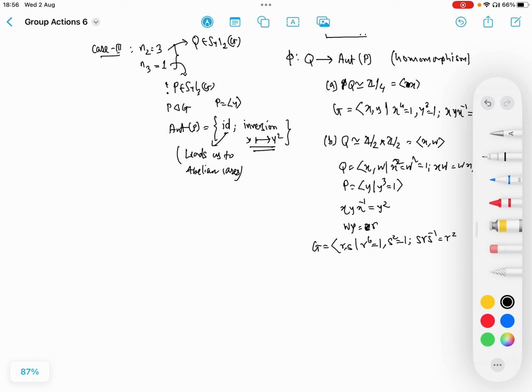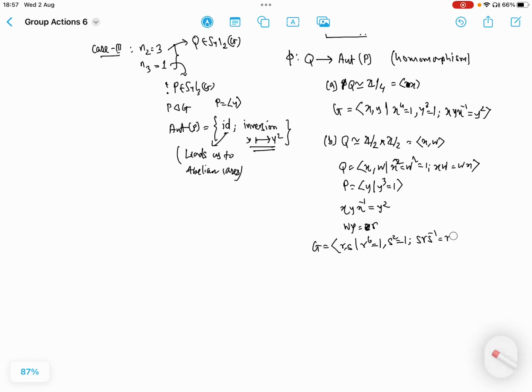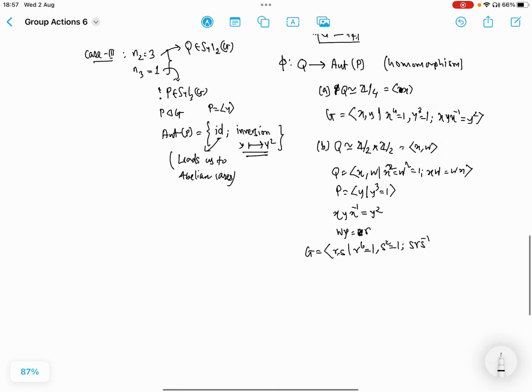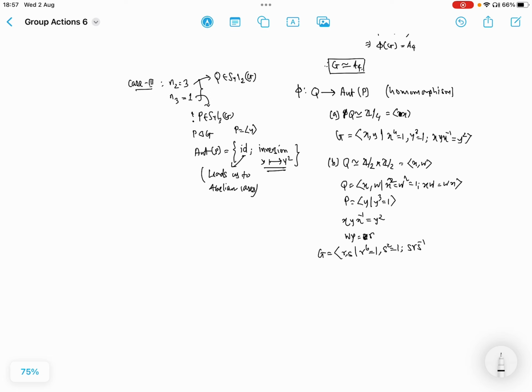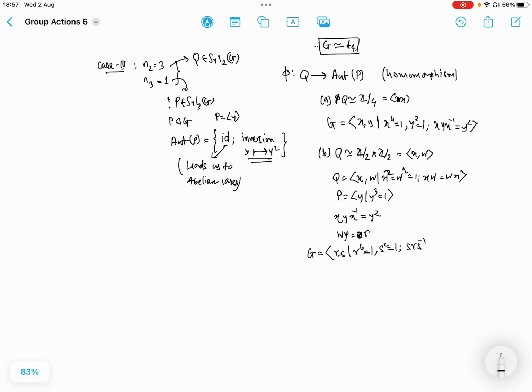So okay, or maybe let's see what we do. And I'm taking S to be the element W. So that should be understood from the context.